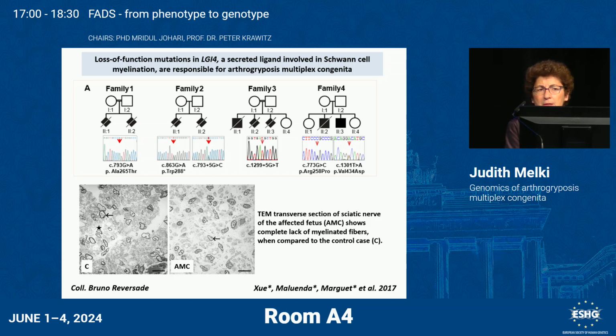And in this case, LGI4 is interesting, also a new mechanism, because it's a ligand involved in Schwann cell myelination, and it's secreted by Schwann cells, and the loss leads to a dramatic absence of myelin, as you can see here by the fantastic work of Amélie Carrière, who showed that in AMC, with respect to control, you see very clearly the myelin in the control, and here there is no myelin at all.